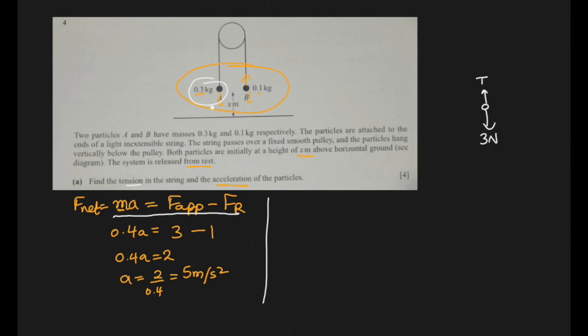We are focusing only on this particular mass. So it becomes 0.3 times acceleration, which is 5, equal to applied force, which is 3 newtons, minus tension. So tension will come here and this will come there. So tension equal to 3 minus, what is 0.3 times 5? 1.5, which is 1.5 newtons. This is the tension. This is the acceleration.